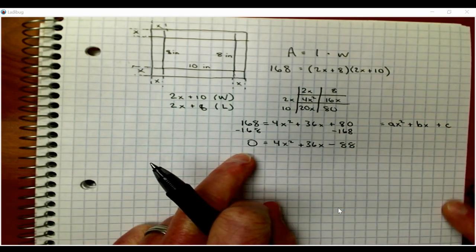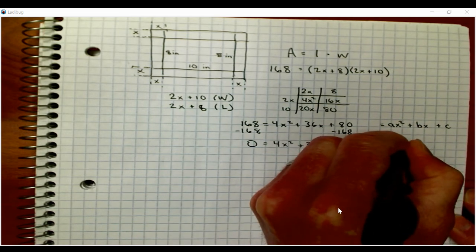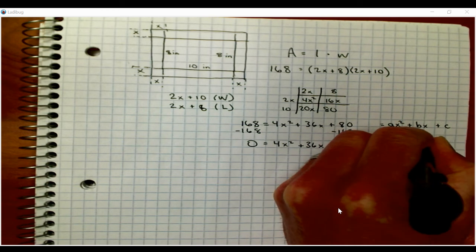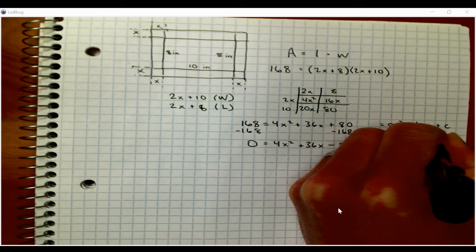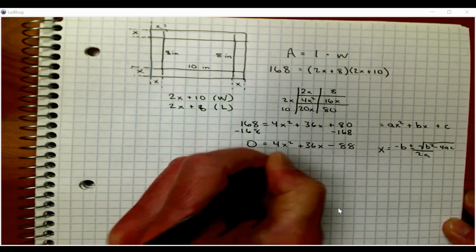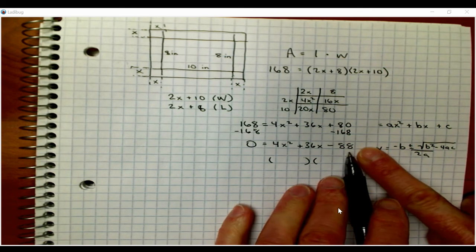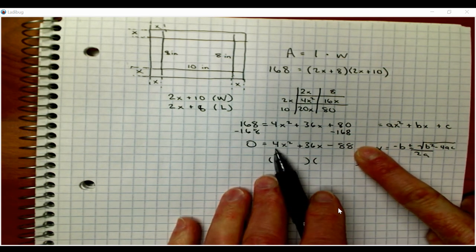We can apply it to the quadratic formula, which is x equals negative b plus or minus the square root of b squared minus 4ac over 2a. Or we can factor it by finding factor pairs that go into the product of 4 and negative 88 and add to 36.